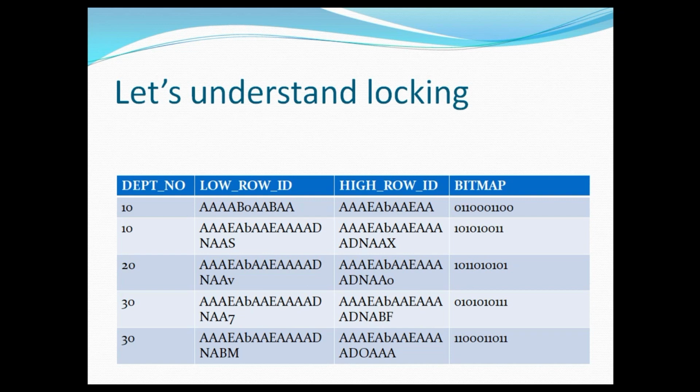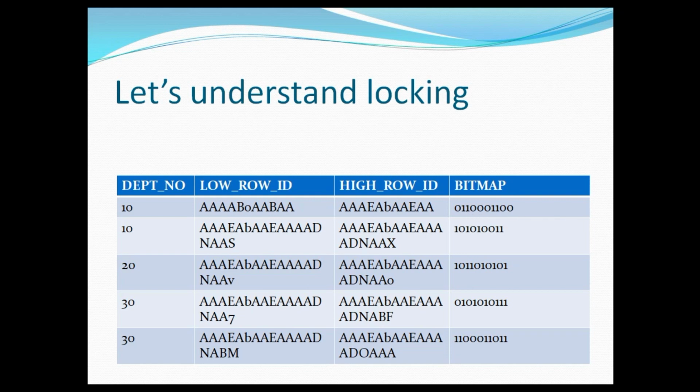Each entry points to potentially hundreds of rows. For department number 10, we have 2 entries that point from a low row ID to a high row ID. The bitmap signifies whether a particular row belongs to that department number or not. The first row in the chunk does not belong to department number 10. The second row has department number 10. The third row has department number 10, and so on.